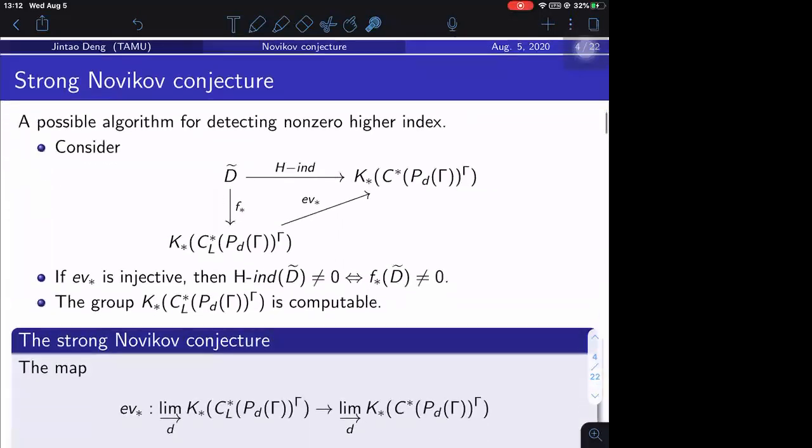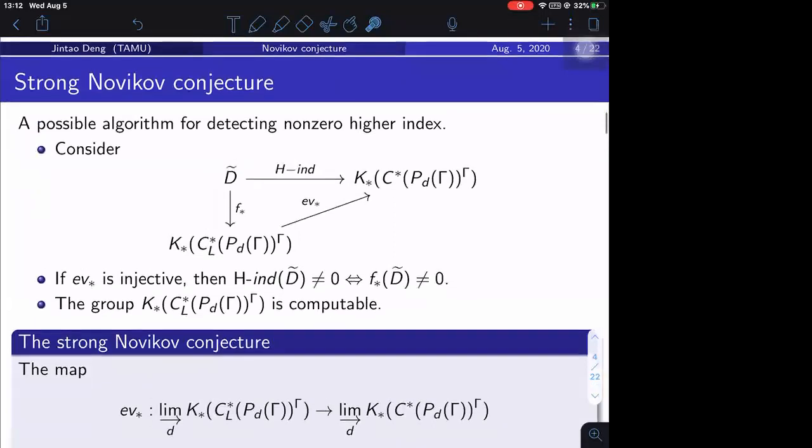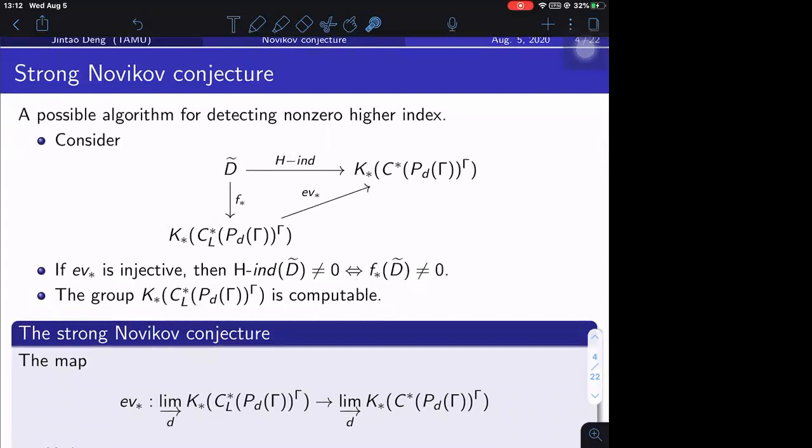So this injectivity of the assembly map is actually the strong Novikov conjecture. Okay, so now let's look at a possible algorithm for detecting non-zero Roe index.